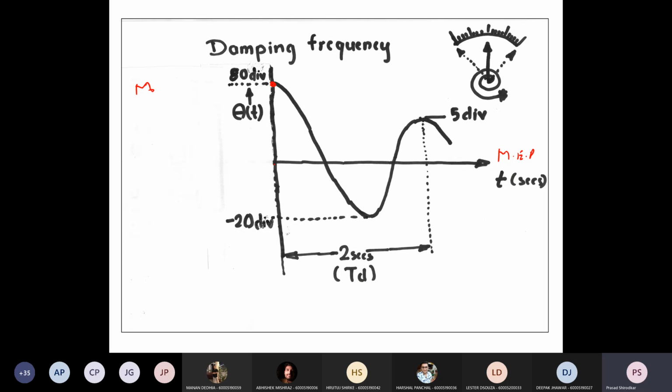Then the spring is released, so it swings back to minus 20, and then again it swings back to the other side to plus 5, like that. So it goes from 80 to minus 20 to plus 5. All right, and the time period to complete this oscillation is 2 seconds. I hope that clarifies. Any questions?